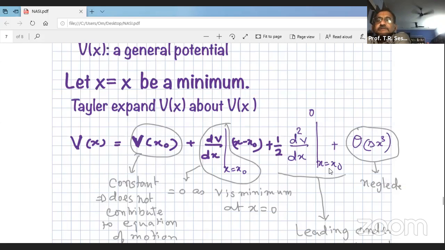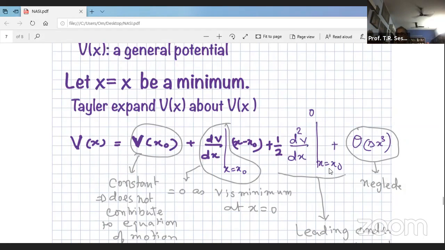Now, about x equal to x0, I can make a Taylor series expansion of V(x). So V(x) equals the first term, V at x0, plus dV/dx evaluated at x equal to x0 times (x minus x0), plus half d2V/dx2 evaluated at x equal to x0 times (x minus x0) whole square, and higher order terms in delta x. Delta x is x minus x0.